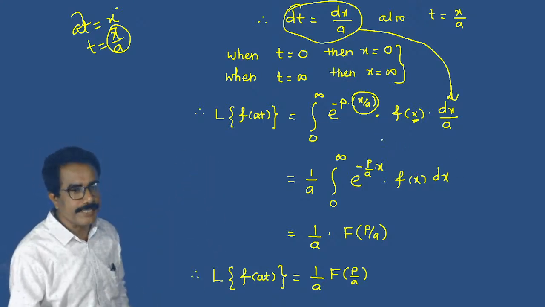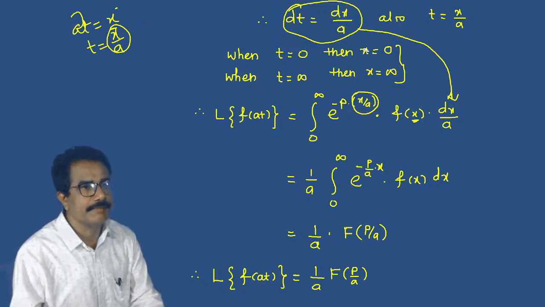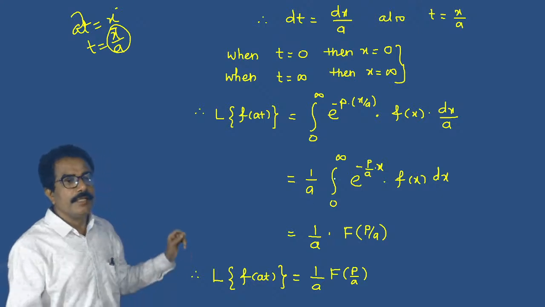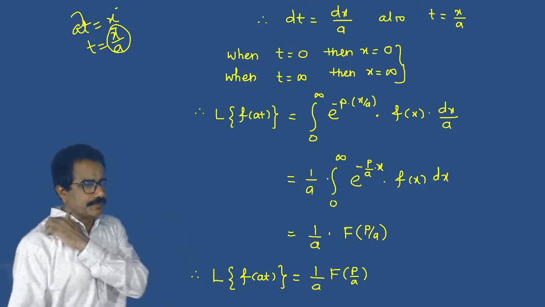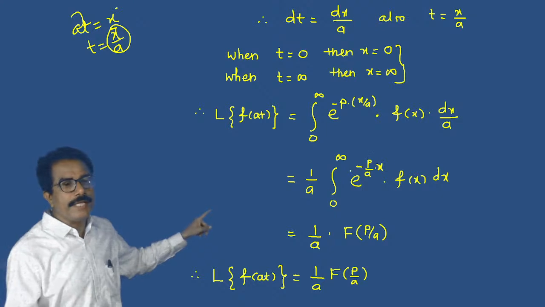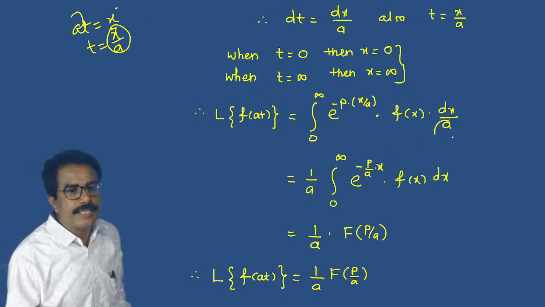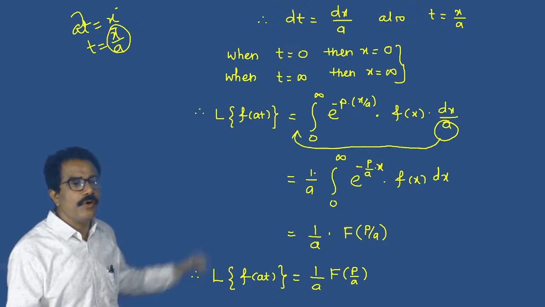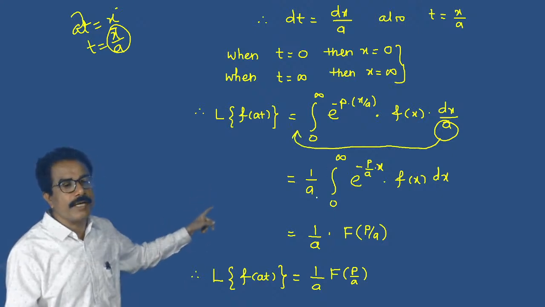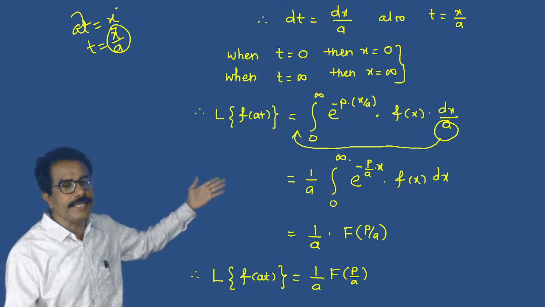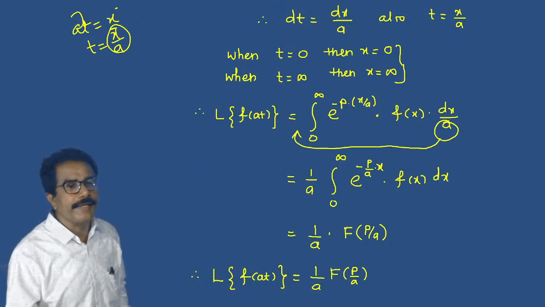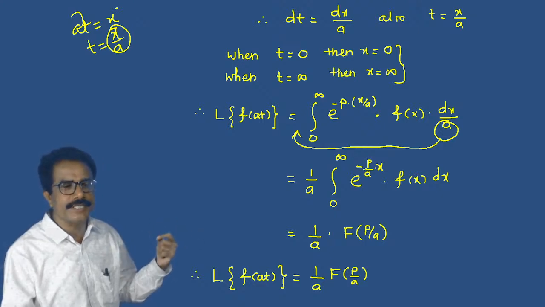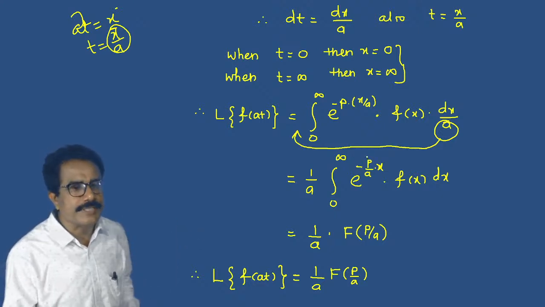Now see this again, understand it carefully. 1 upon a is a constant coefficient, we can take it out of the integral. So that may be written as 1 upon a integral from 0 to infinity e raised to minus p upon a into x, f of x dx. P is one constant, a is another constant, this is a combination of constants.